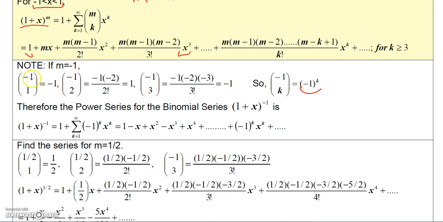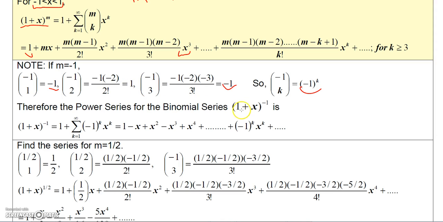So if you apply that here, -1 choose 1 is -1 to the first power, which is -1. -1 choose 2 is -1 to the second power, which is +1. -1 choose 3 is -1 to the third power, which is -1, and so on.